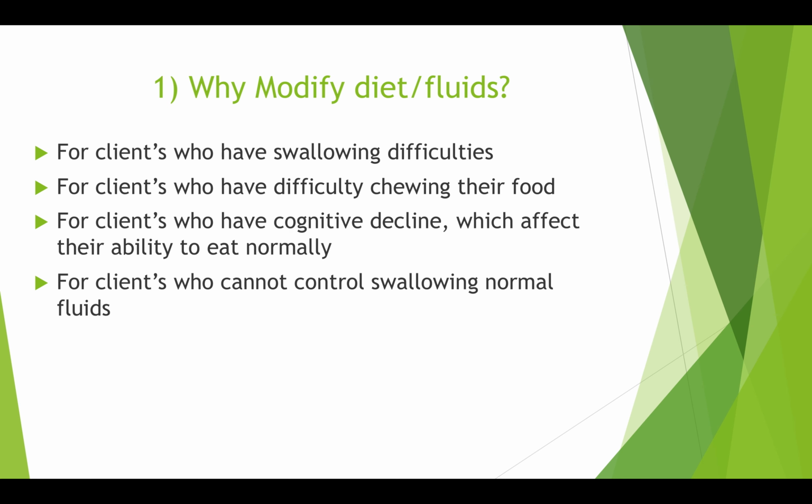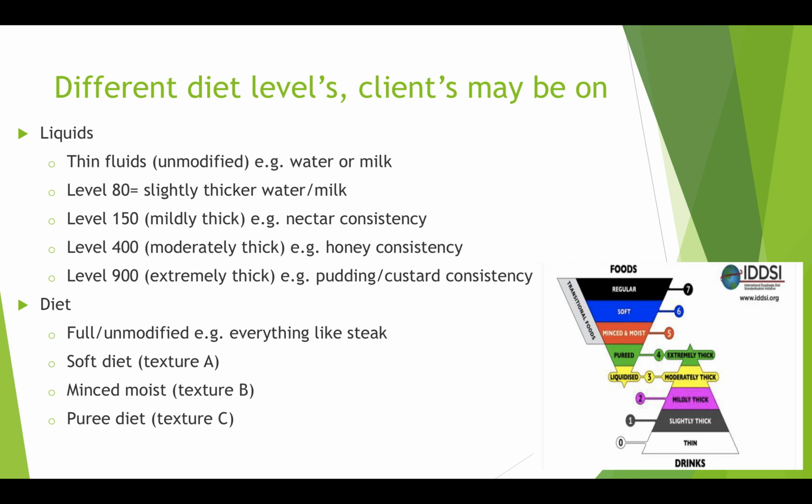Food and drink can get stuck or move really slowly down the throat if muscles aren't strong enough to propel the food, or in many cases, things may go down too fast for them to coordinate their breathing and swallowing, leading to penetration, aspiration, and consequently aspiration pneumonia. For clients who have cognitive difficulties, they may not recognize food, they may have loss of appetite, they may chew too quickly or slowly, or forget food is in their mouth.